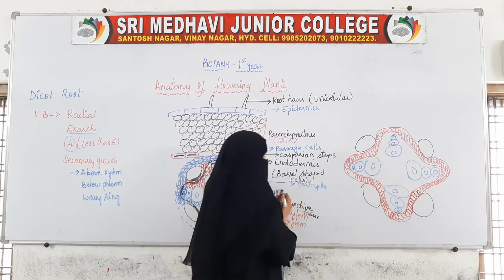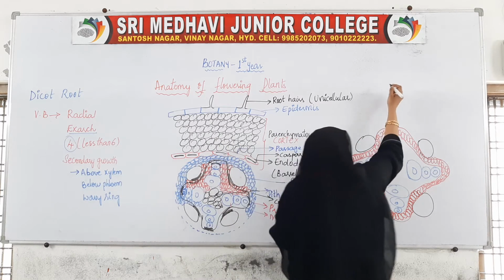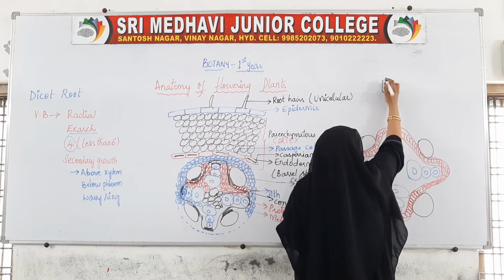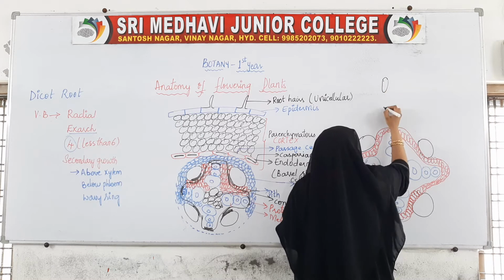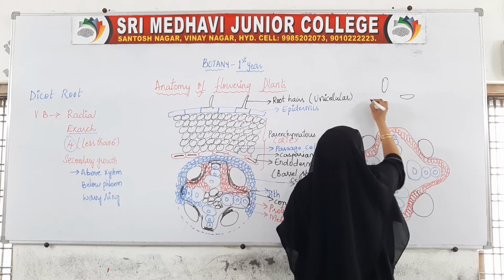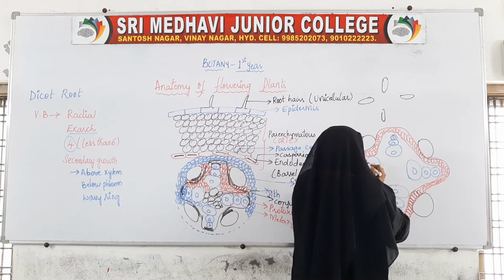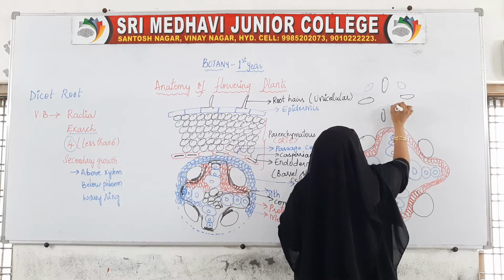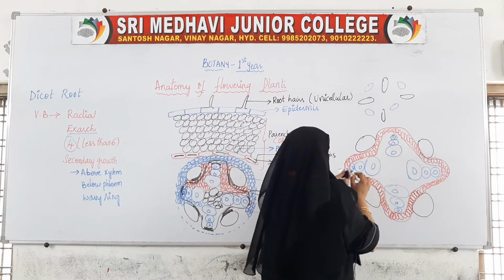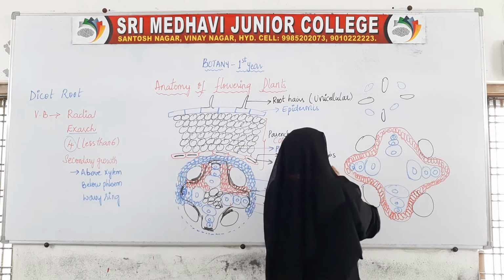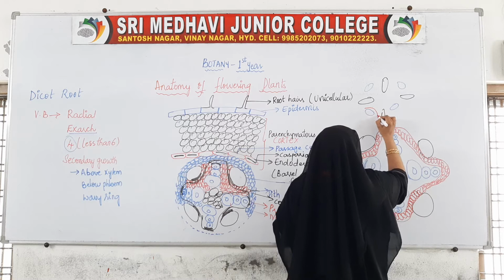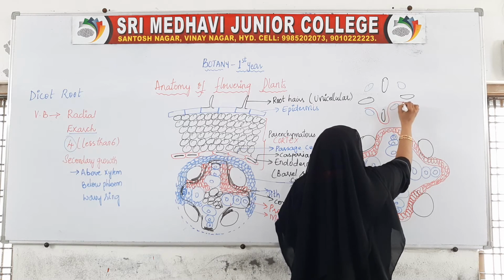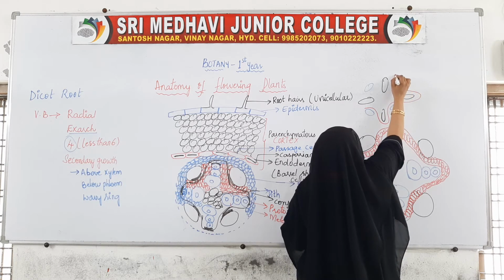This is your xylem, and this is your phloem. Here in between, a wavy ring is formed.